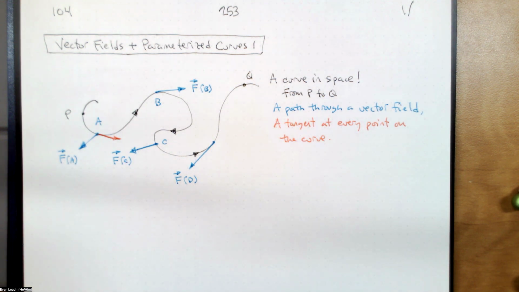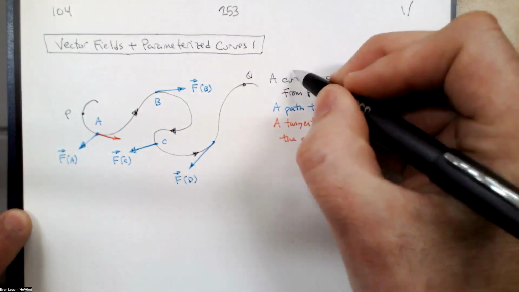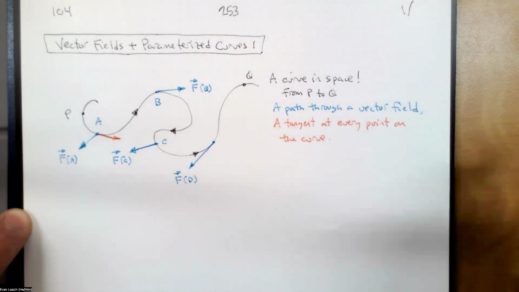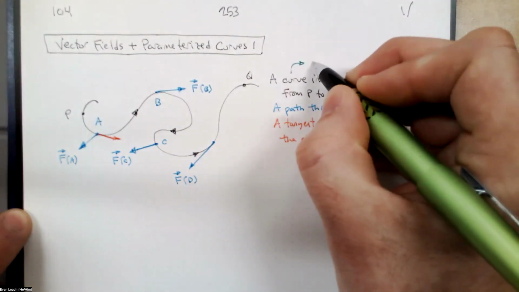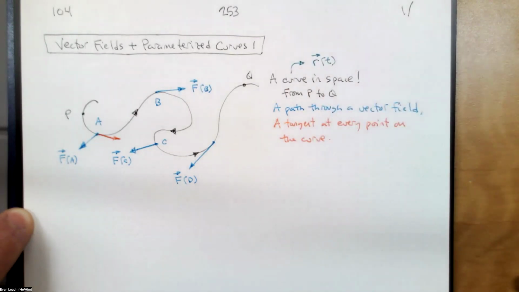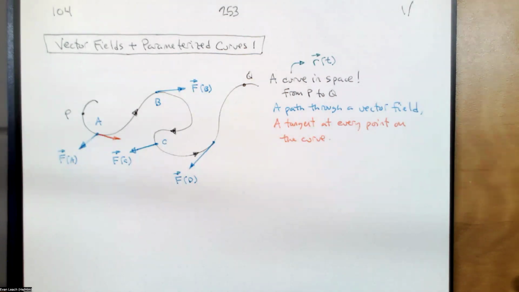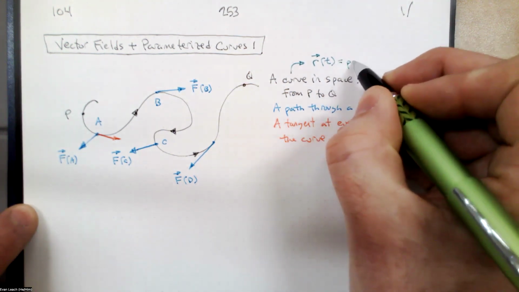If we parameterize the curve, let's give the parameterization a name. We'll call it R of t. R for position.